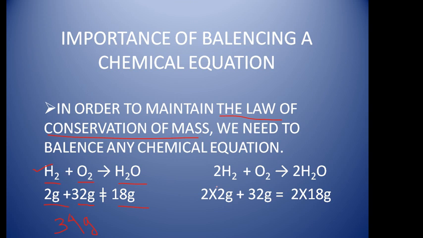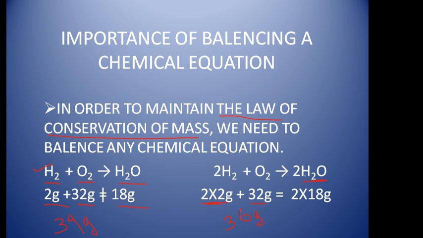But here you see, for hydrogen, for one hydrogen it is 1 into 2, 2. So here the coefficient is written 2. So 2 into 2, 4. Here oxygen 16 into 2, 32. So if you add this, you will get 36 gram here. For H2O, for 1 H2O, it is 18.